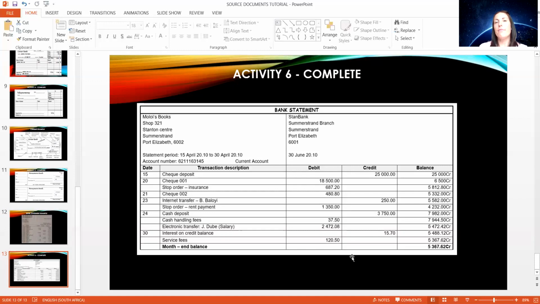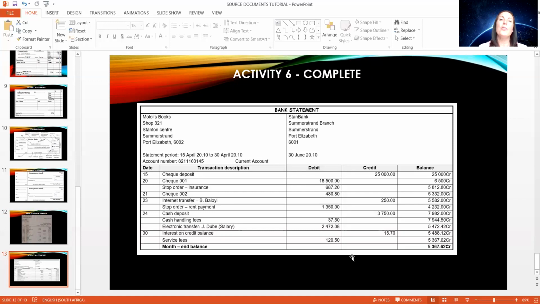We also discussed the fact that in many cases nowadays we use EFTs via our internet banking or banking apps. And then the last document that we looked at was the bank statement, and that's what we receive from our bank in order to check what do we have in our business's books with regards to money received and money paid out of our bank account, and what does the bank say.